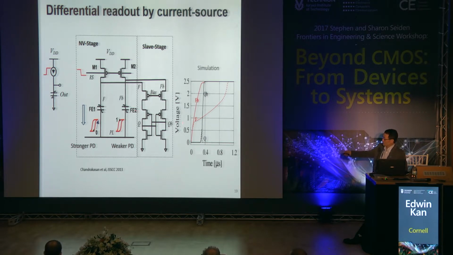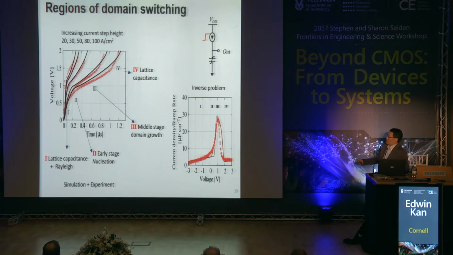And your latch transistors also have mismatch, right? So a failure can happen if you read at the wrong time, or if this has mismatch, so that the memory window is not large enough. And very simply, if you understand this from the previous part, the switching is still the four stages: lattice polarization, nucleation, domain growth, and then lattice capacitance.